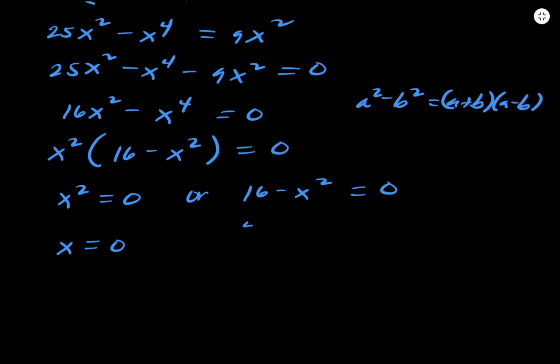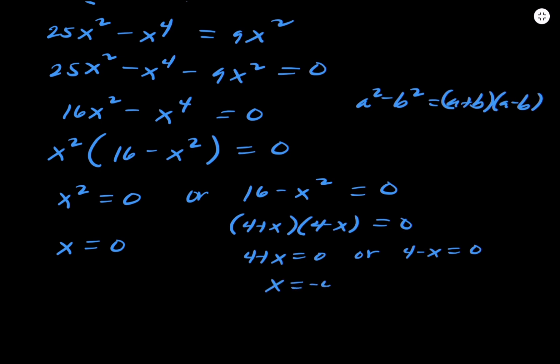So we have 4 plus x times 4 minus x equals 0. So again, zero product property, 4 plus x can be equal to 0, or 4 minus x can be equal to 0, or both. So x here is negative 4, and here x is equal to 4.